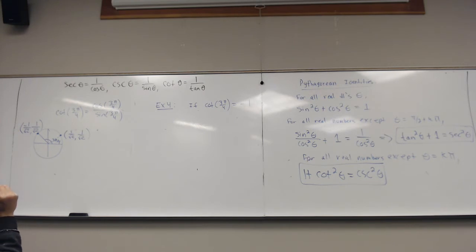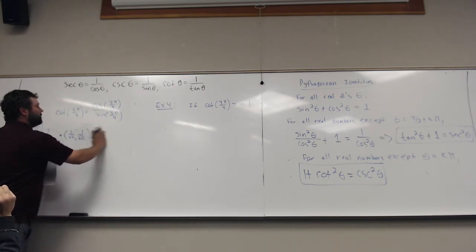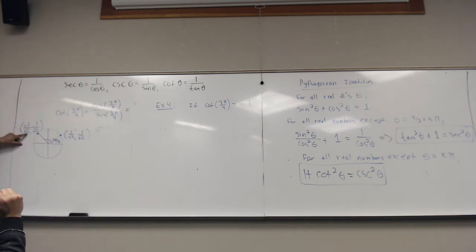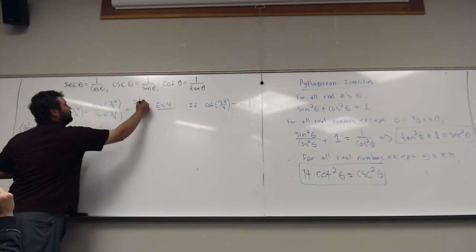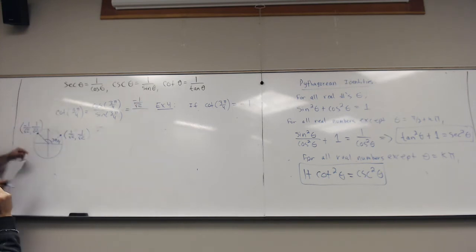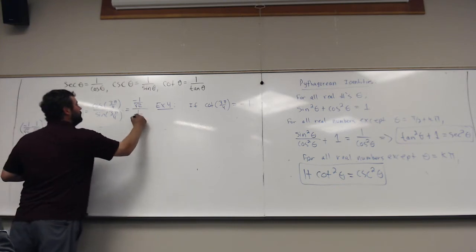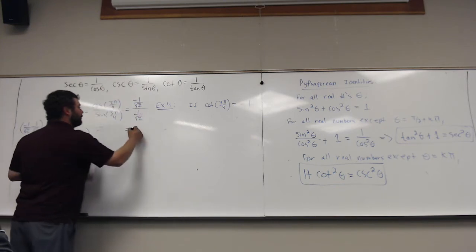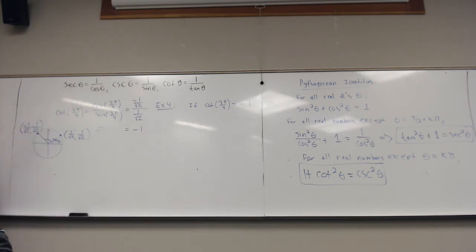You have a negative over a positive. Yep. And now, like Ben said, cosine 3 pi over 4 is the x coordinate, minus 1 over root 2. Sine of 3 pi over 4 is the y coordinate, 1 over root 2. And minus 1 over root 2 divided by 1 over root 2 is -1.